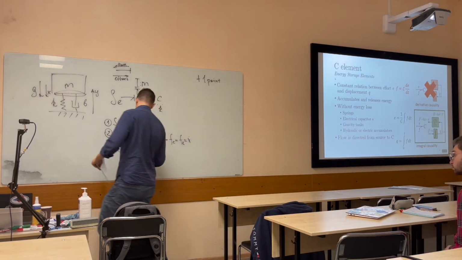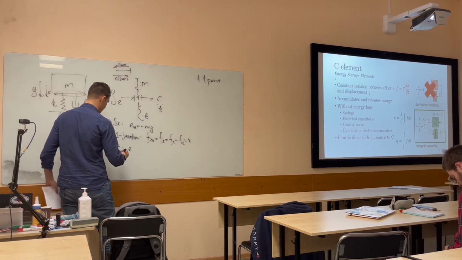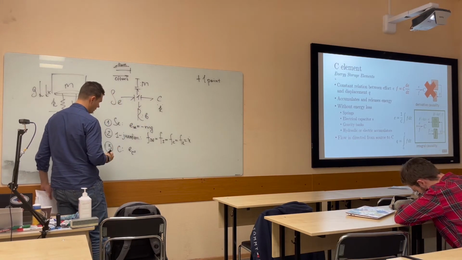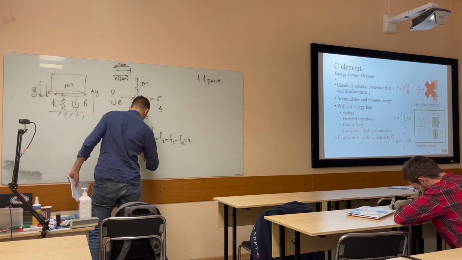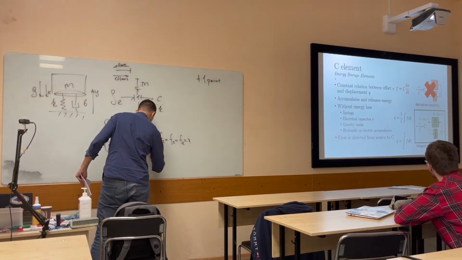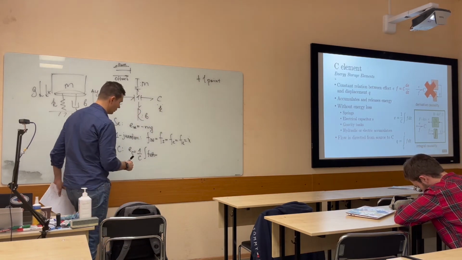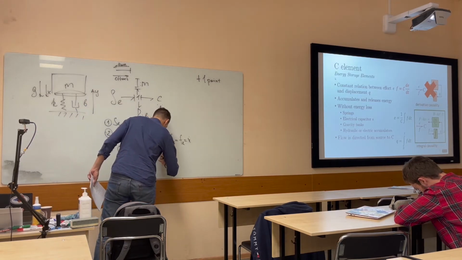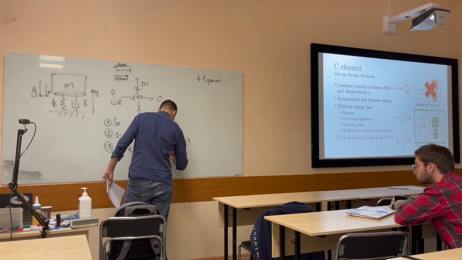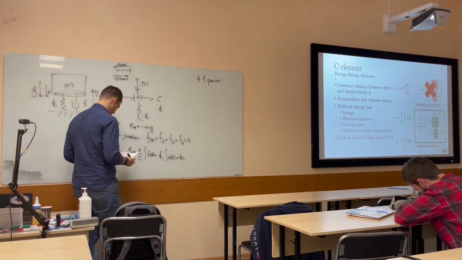I will write it in general form. Effort of C element equals 1 over compliance times the integral of flow dt. 1 over compliance will be the stiffness coefficient k. The integral of x dot, so it will be actually kx. Great.